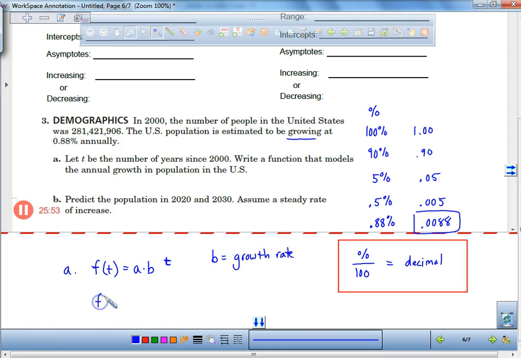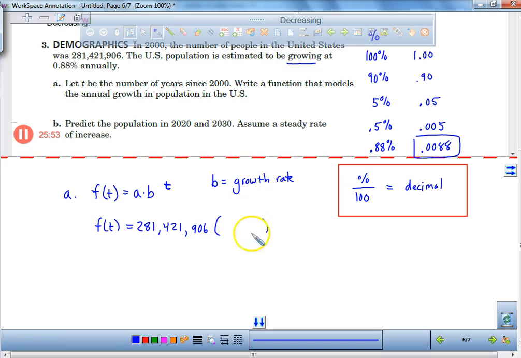All right, so we have f of t. What was our initial population? 281,421,906. That's our A value. Now, this is the part where students need to understand what to do to build that. Would you guys agree that this population in the year 2000 was 100% of the population? And what percentage are we adding to it? We're adding point what? 0.88% annually.